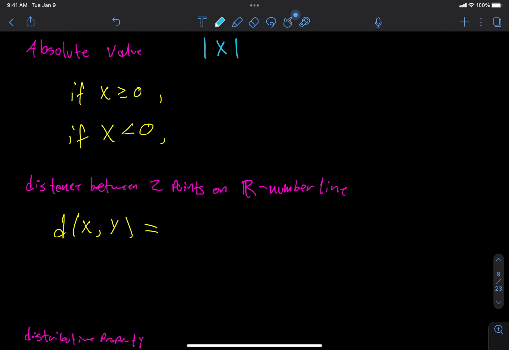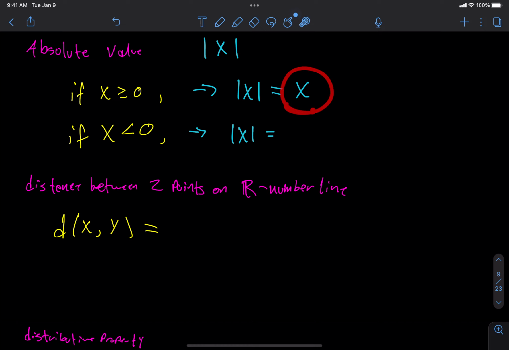So if x is larger than or equal to 0, then what does absolute value do? It's going to do absolutely nothing. So the absolute value of x, if x is non-negative, is just x. And then what is it going to do if x is negative? Then the absolute value of x is going to be equal to what in terms of x?